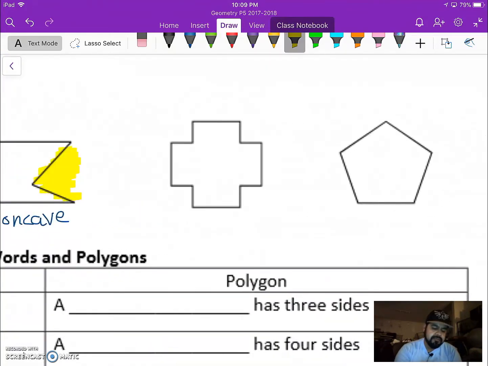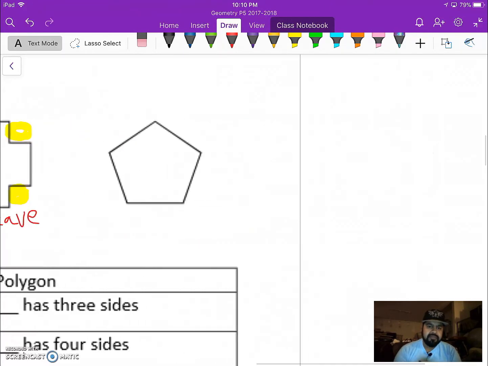On our third figure, I have 4 little caves. If you're having trouble seeing that as a cave, just remember that if I place a point here, I cannot draw a straight line to that other point without the line leaving the shape. So instantly we say that this is also concave. Now this one is our pentagon. Again, there are no dents in the shape at all, so we can say that this is convex.